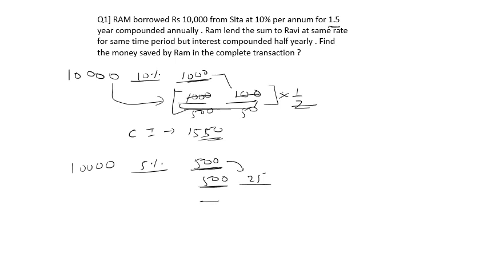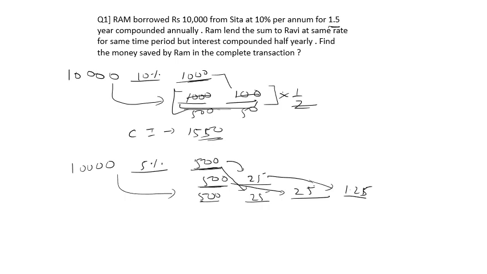After that, for the next 6 months, it is 5% of the principal, that is 500 again, and 5% of 500's interest, that is 25, and 5% of all the interests, this I have already covered in the last video, and again 5% of this is 1.25.